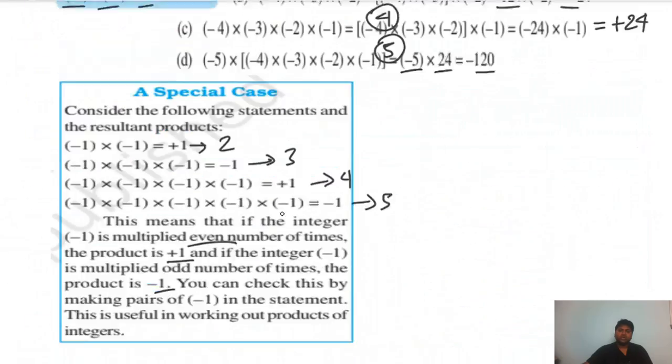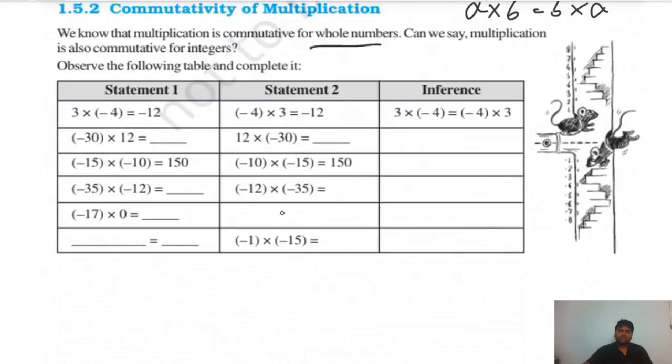In this table we see that multiplication is also commutative for integers. 3 into minus 4 is minus 12, and minus 4 into 3 is also minus 12. So 3 into minus 4 equals minus 4 into 3. Minus 30 into 12 is minus 360, and 12 into minus 30 is also minus 360.